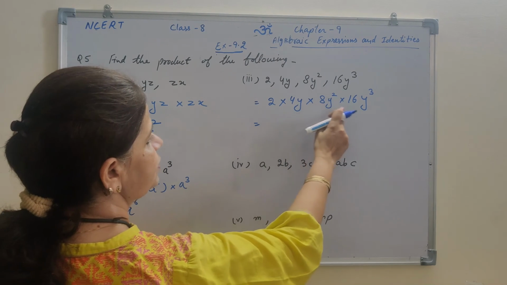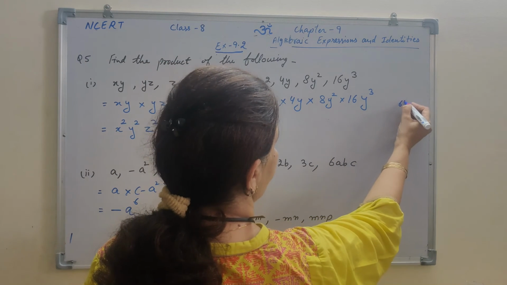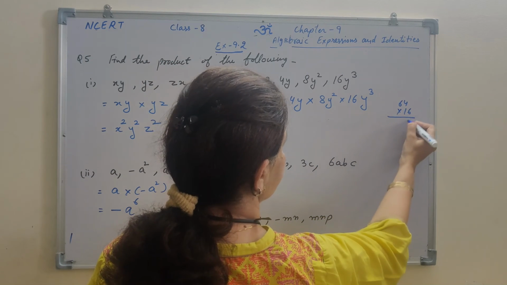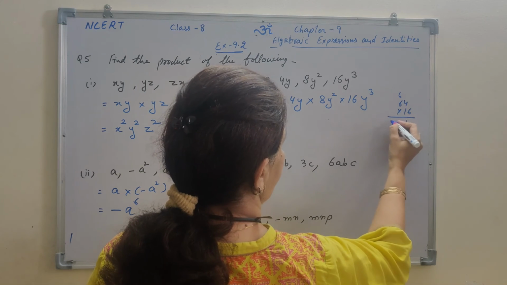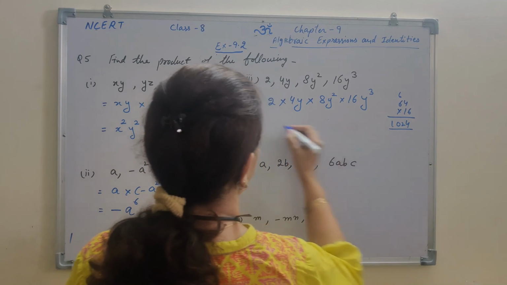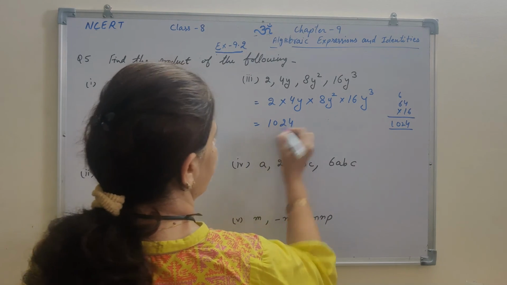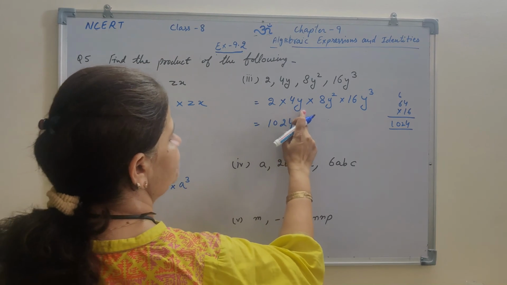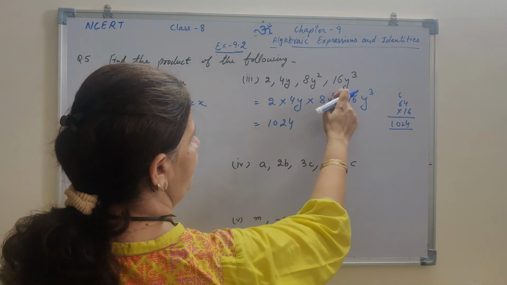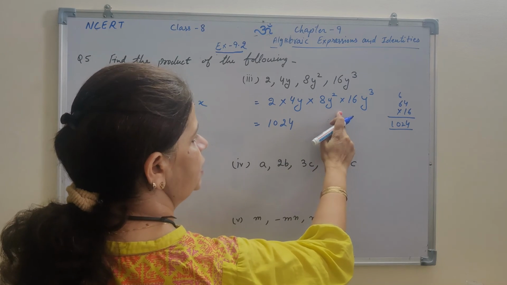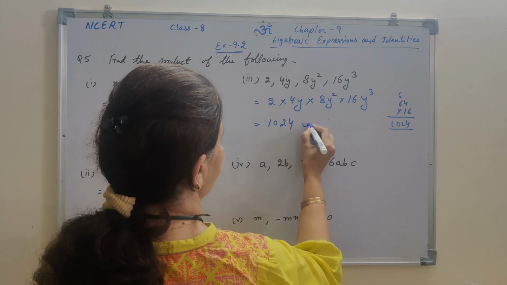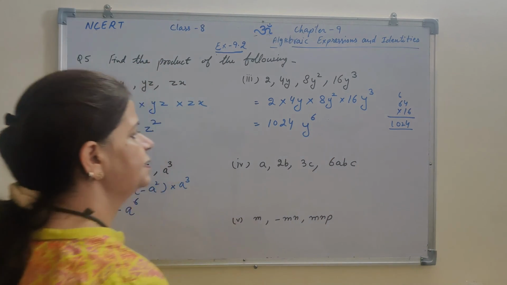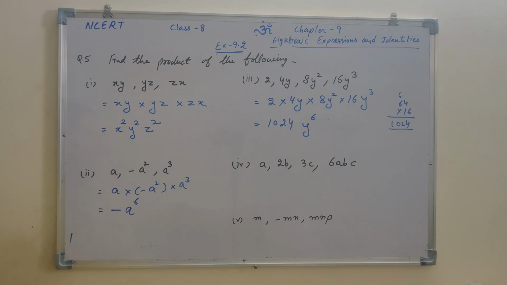Now we multiply 64 by 16, so we will get 1024. Correct? And this is y power 1 and y power 2, so total become y power 3, and y power 3, so total become y power 6. 3 and 3, 6. So this is the product, right?